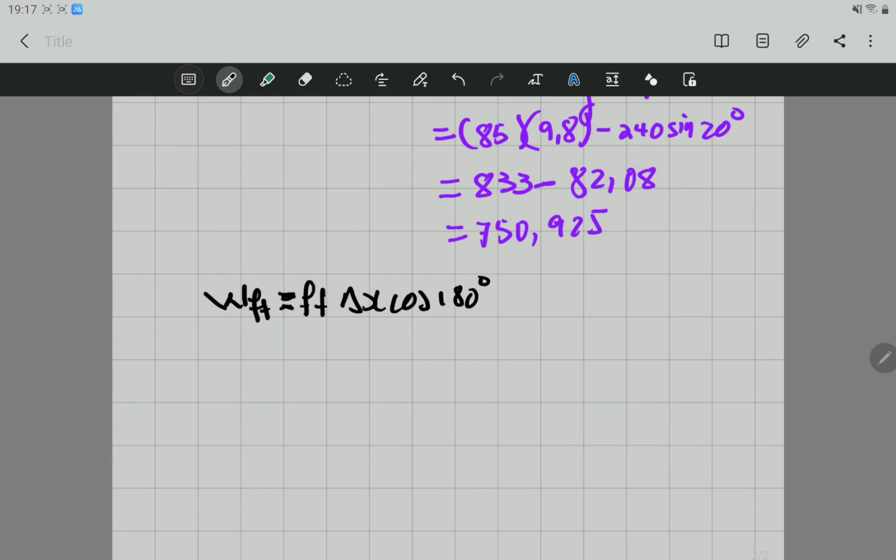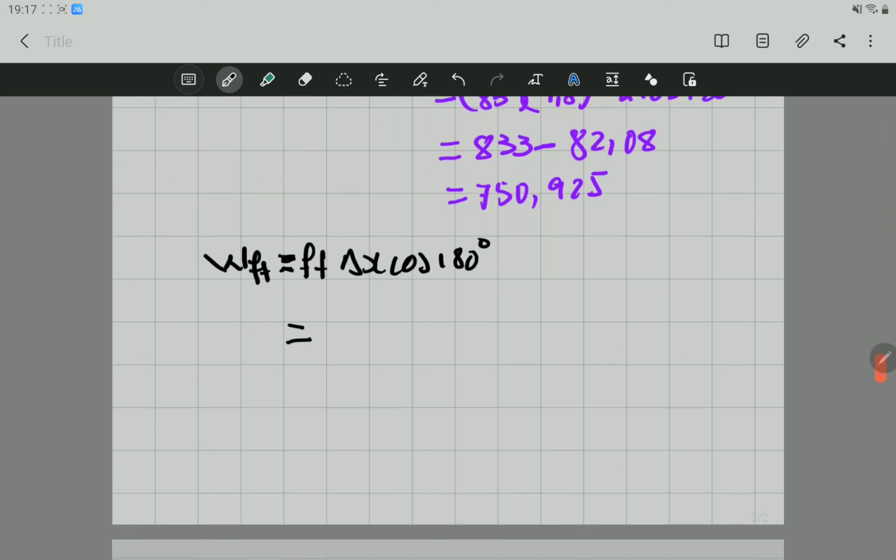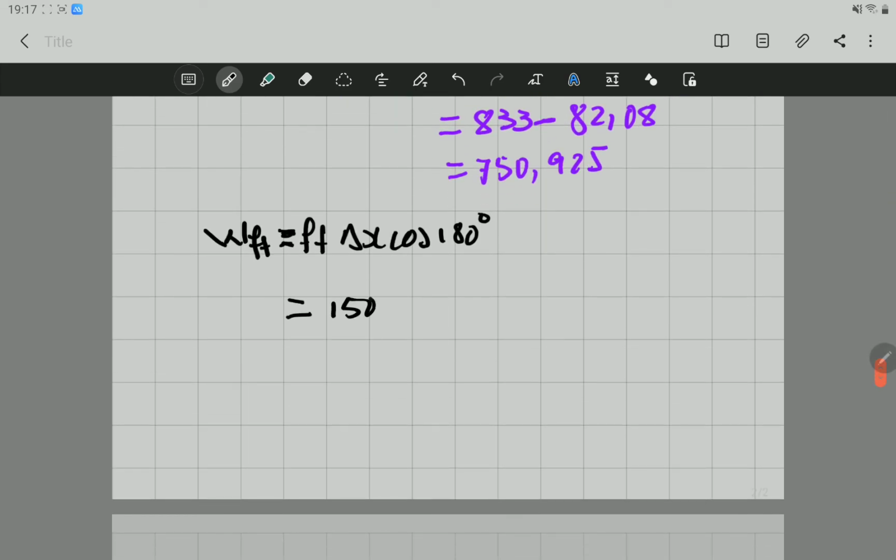Remember, it's negative. So frictional force is 150.184 multiplied by the displacement, which is 8, multiplied by -1, which is cosine of 180.